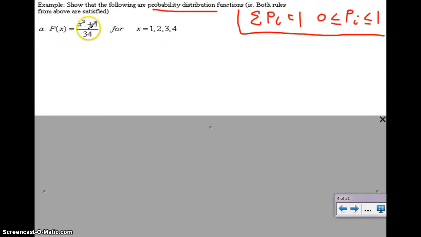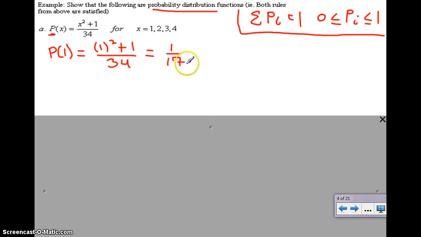In this case, we're given a function, and the function is going to tell us what our probability is. So if I take my new notation, I'm just going to put the 1 inside the parentheses and treat it just like a function. So I'm going to say 1 squared plus 1, and then divide by 34, and that's going to give me the probability of the outcome associated with x being 1. So here I've got 2 over 34, so 1 over 17 is my first probability, right?